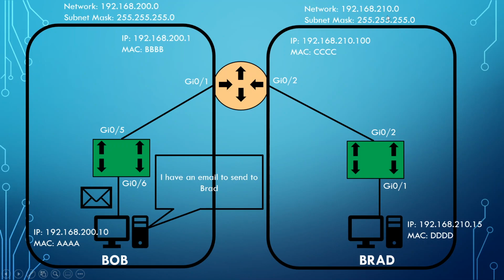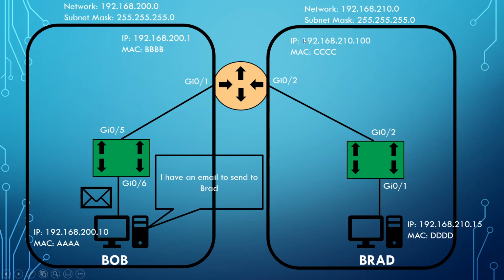Now, in the 192.168.200 network, the router has the IP address 192.168.200.1. And in the interface which connects to the 192.168.210 network, it has the IP address 192.168.210.100. So as you can see, it connects to these networks.